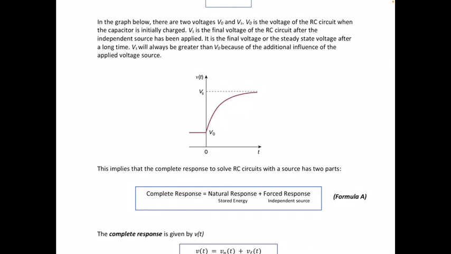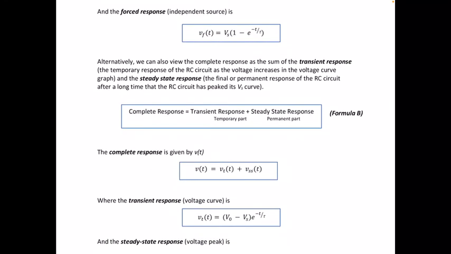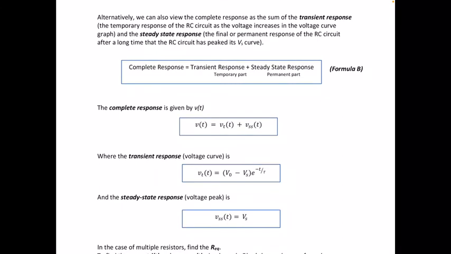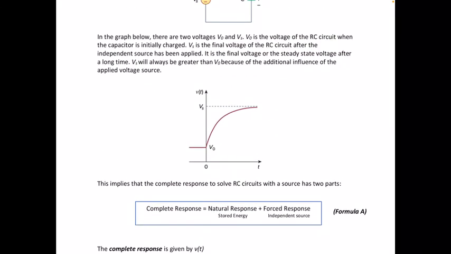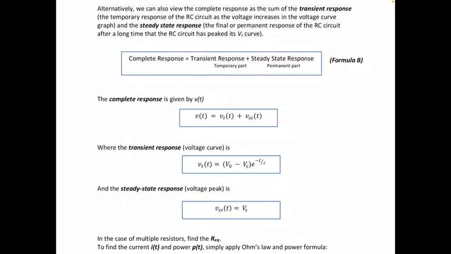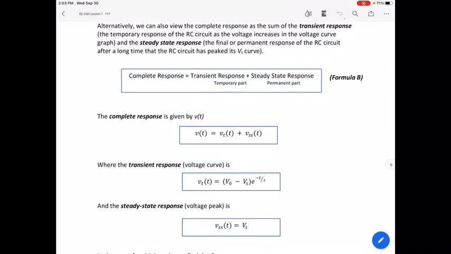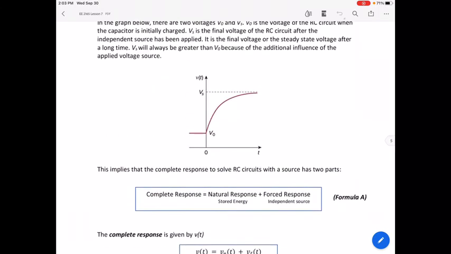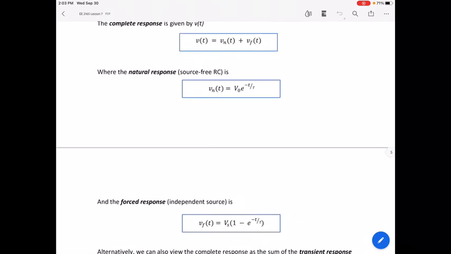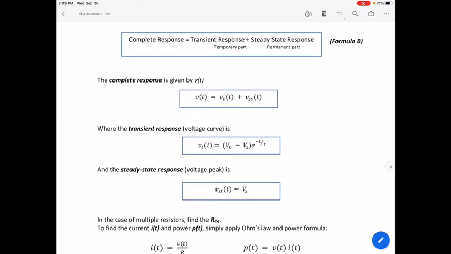The curve part is our transient response, and this is given by (Vo minus Vs) times e to the power of negative t over tau, and our steady state response, which is our voltage peak, the Vs. So our steady state voltage Vss is practically equal to our Vs in this graph. So that's the final voltage. It cannot go higher or lower than that. It flattens out.